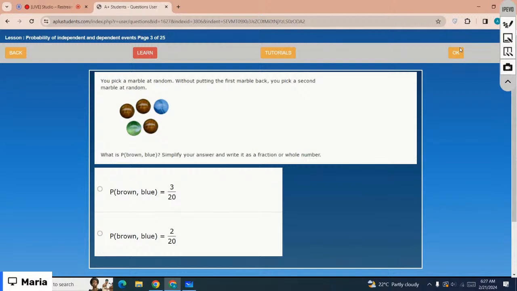The probability of brown is 3 out of 5, and the probability of blue is 1 out of 4, right? So, which is the correct option? That is 3 out of 20. The correct option is option number 1. That is 3 out of 20 is the correct option.